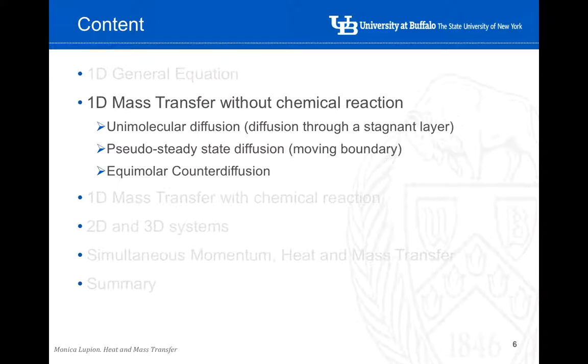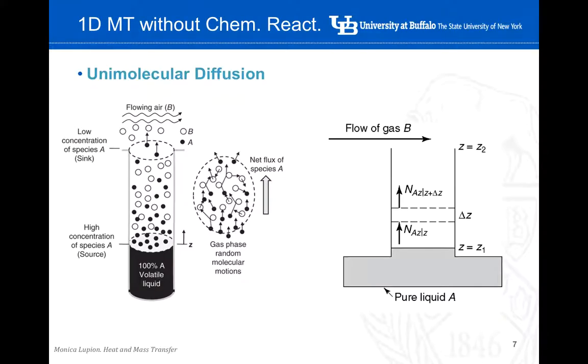Okay, so let's begin with the mass transfer without chemical reaction. This is a diagram of the Arnold cell that we used in lecture 10, I believe, to study the Fick rate equation. On the right side is just a diagram of this Arnold cell system.